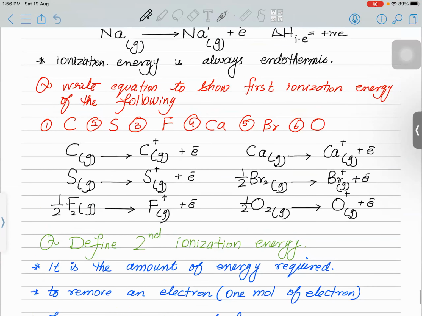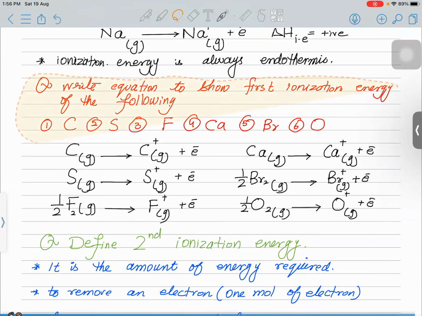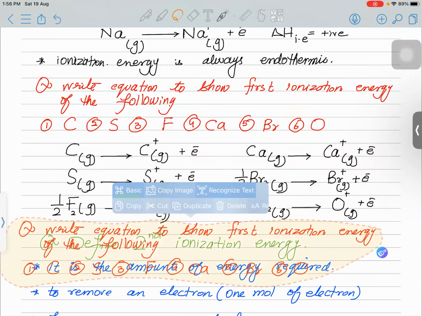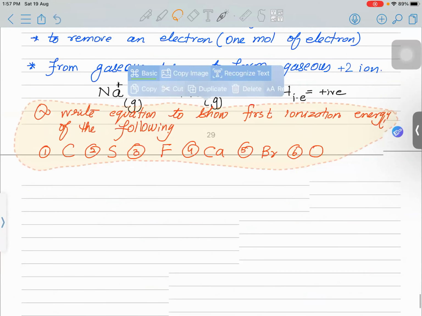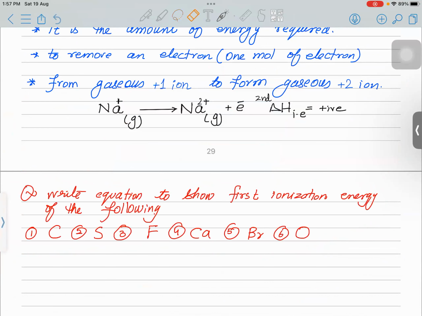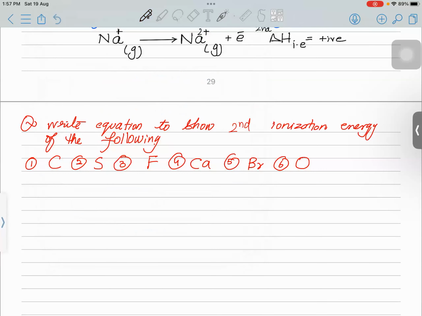Now same question again. Write the equation to show the second ionization energy of the following. Now here you have carbon, right?